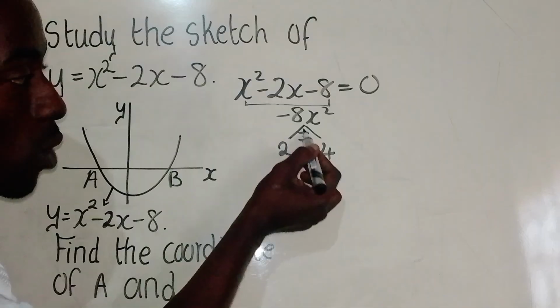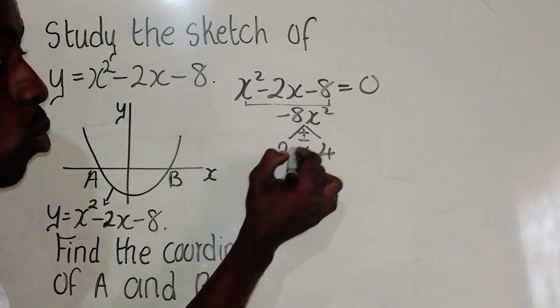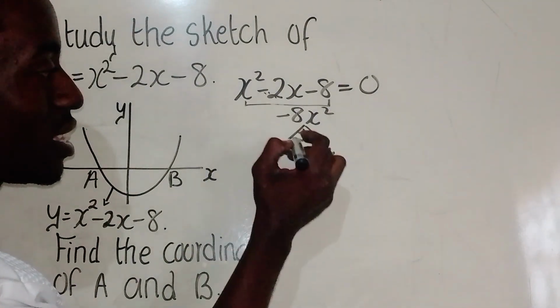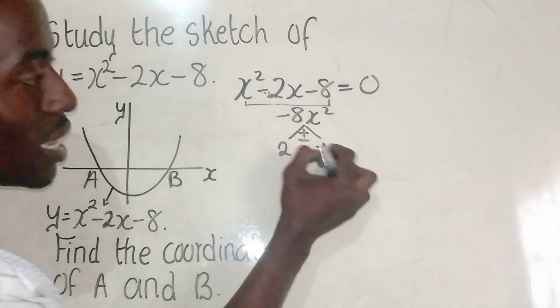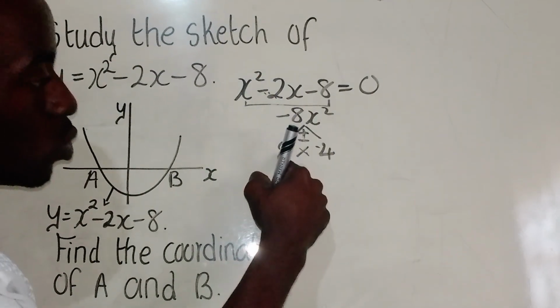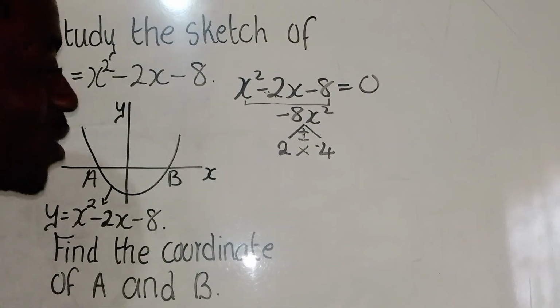So we need to pick one of these signs. For example, if I pick a negative and say 2 minus 4, I'm going to get negative 2. So where there is 4, there is a negative, because 2 minus 4 is negative 2. So 2 times negative 4 is negative 8.